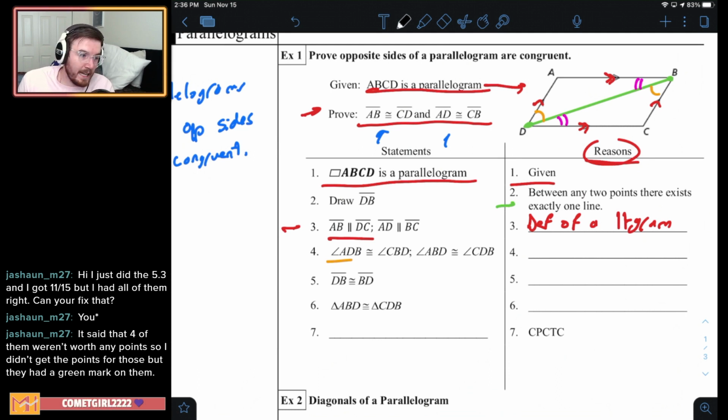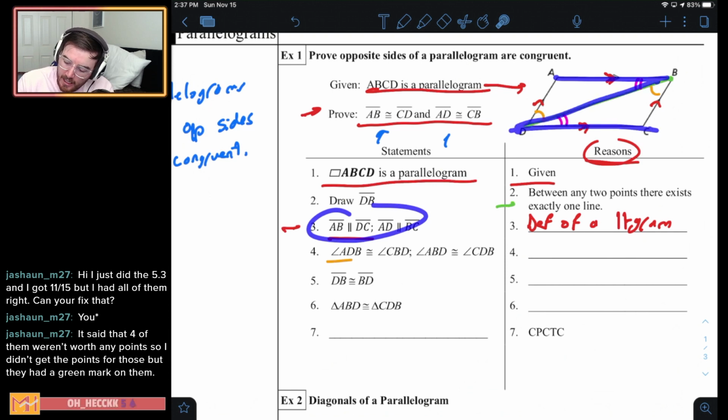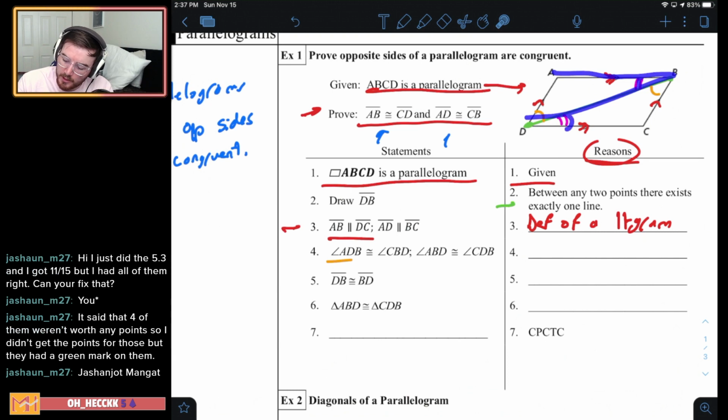So, why is that true? Well, we've actually discussed this before. What did we just say beforehand? That these lines are parallel, and this is a transversal. We've discussed how these pink angles are alternate interior, because they're in between the parallel lines and on opposite sides.